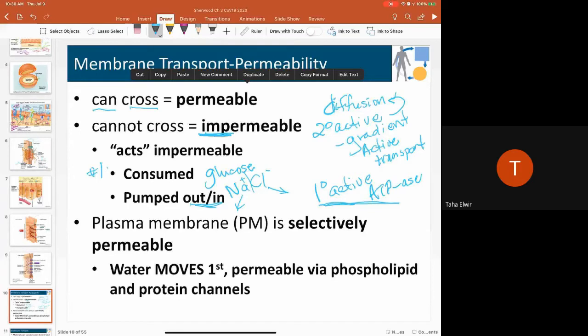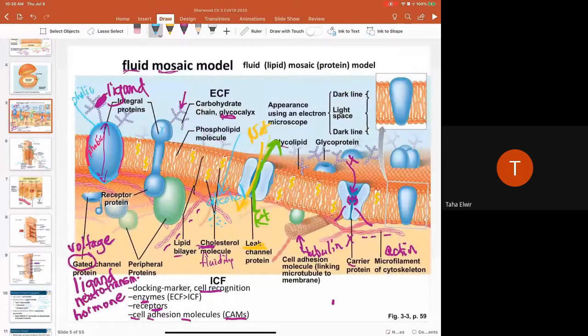Why is that up there anyway? Membranes are selectively permeable. You have to either be lipid soluble to get in, or you go through a channel to get in. Come back to this picture. If you're lipid soluble, like alcohols, you can go in.